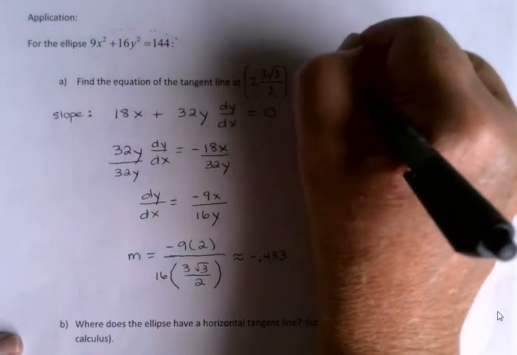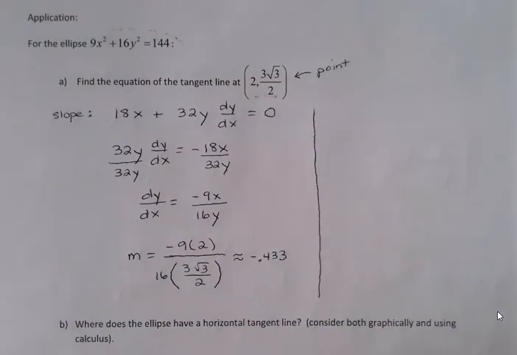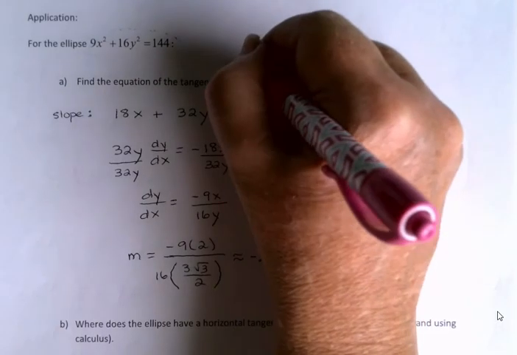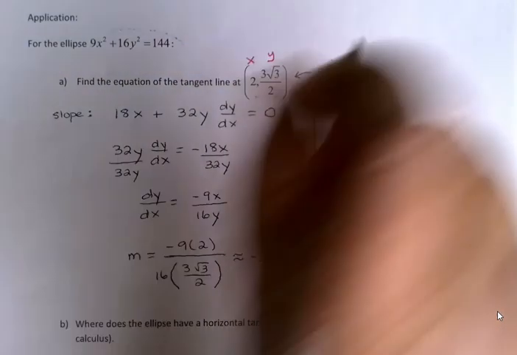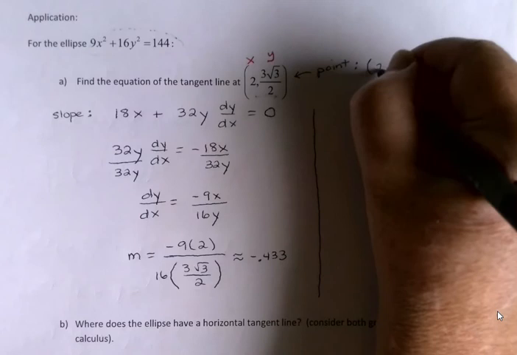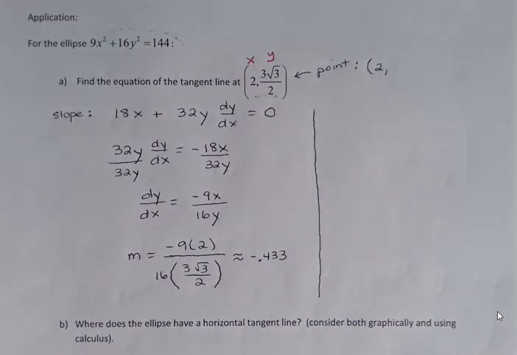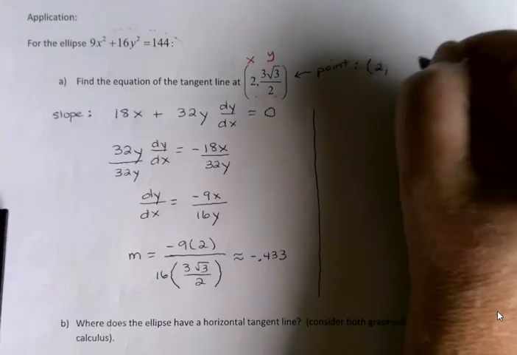My point was completely given, so I've got an x and a y. Let's get a decimal approximation for that y value as well, so that when I put it into my equation for a line, it's not quite so bad. 3 square root 3 divided by 2 is about 2.598.